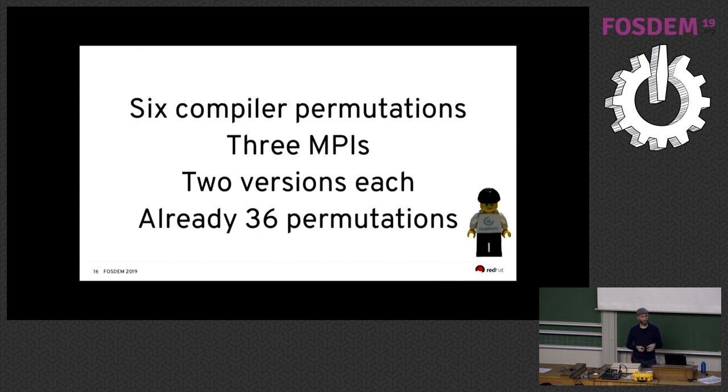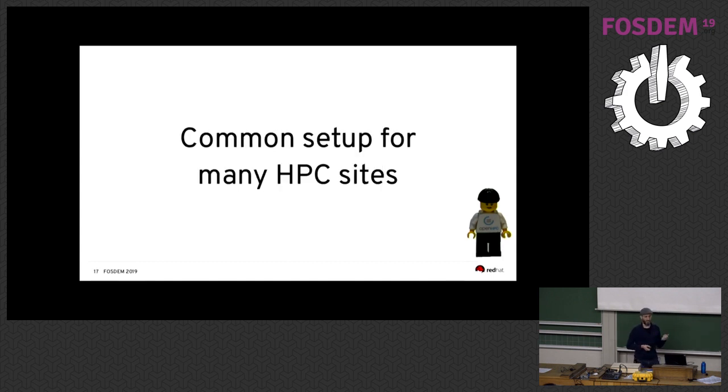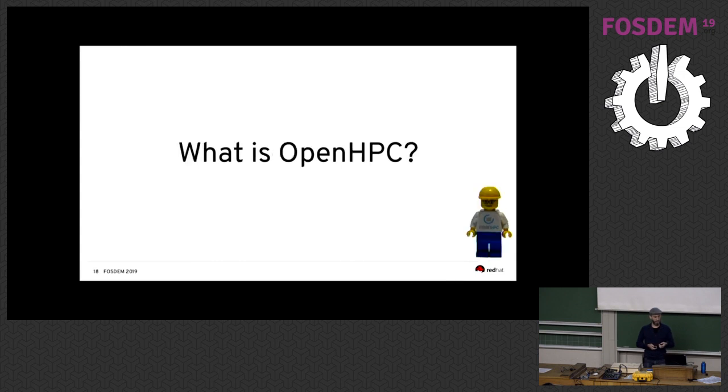And if you multiply this by 3 MPIs, 2 versions each, you already try to provide 36 permutations of MPIs with the different compilers. And this is a point where most HPC sites are using some kind of automation because you cannot handle this without automation. So this is a common setup for many HPC sites. Everyone is doing it in some way. And this is one of the reasons why the OpenHPC project was created.